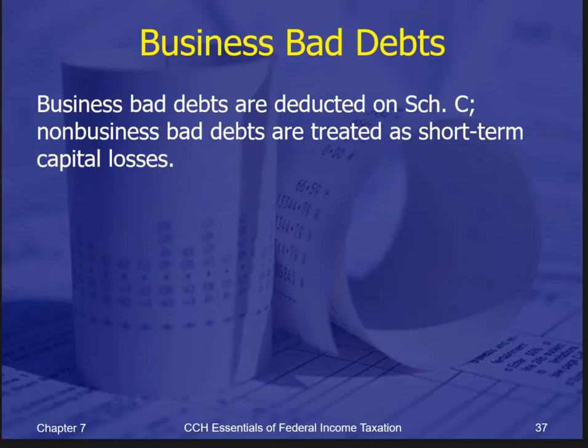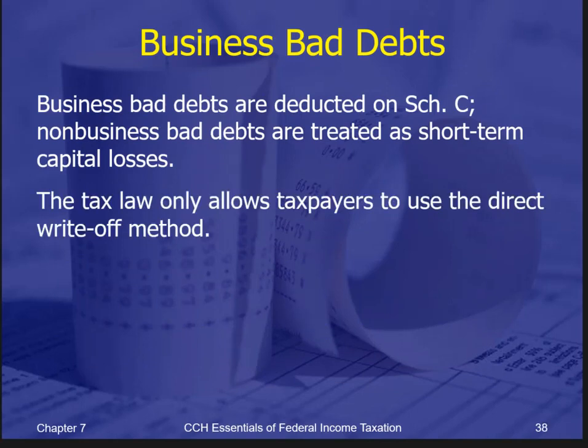Business bad debts. Okay, for it to be business bad debt, it has to be that in the course of business or to generate business, you made the loan. That means that anything, if it's accounts receivable, if someone you sold something to owes you money and you have to go without collecting that, that's a business bad debt, assuming that you are on the accrual basis.